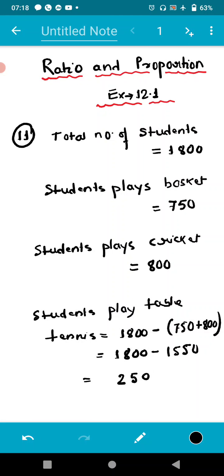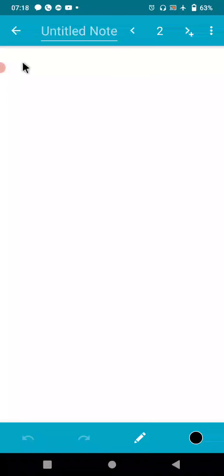So let us see what is there in part A of question number 11. In part A, we have to find the ratio of the number of students who play basketball to the number of students who play table tennis.